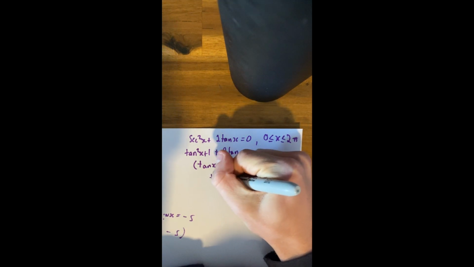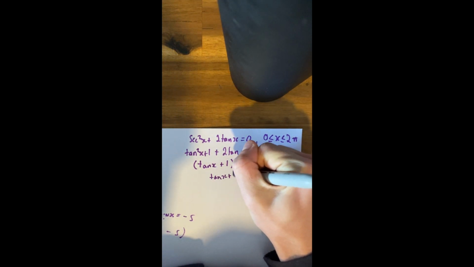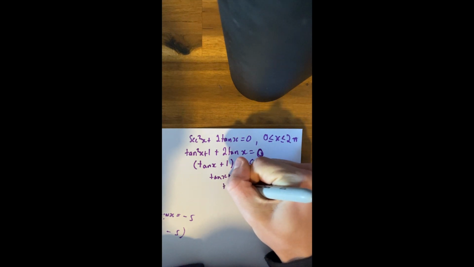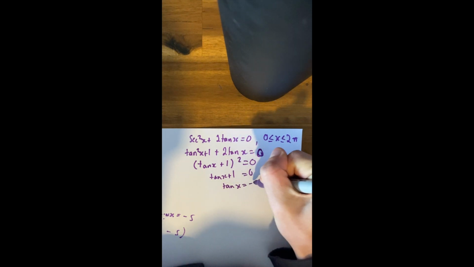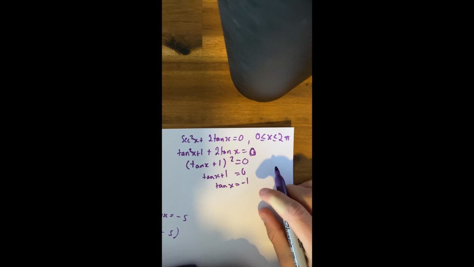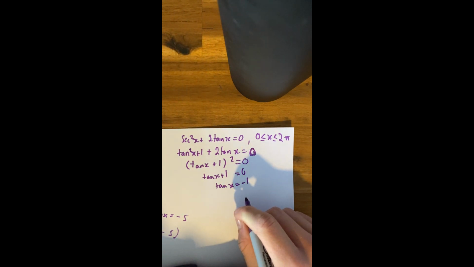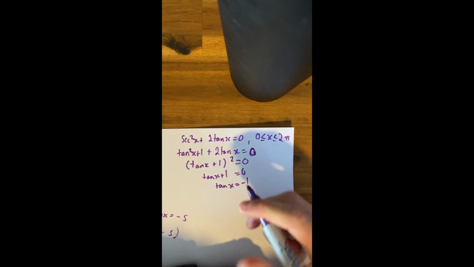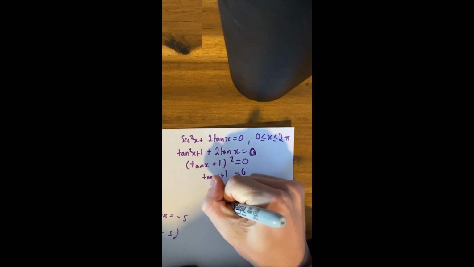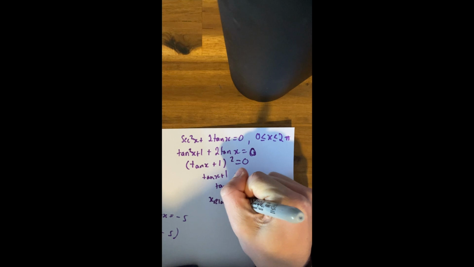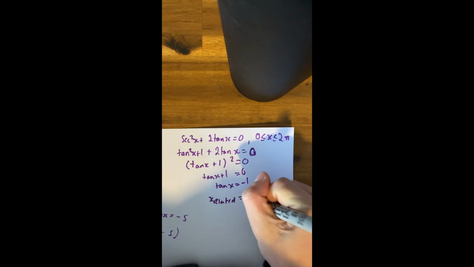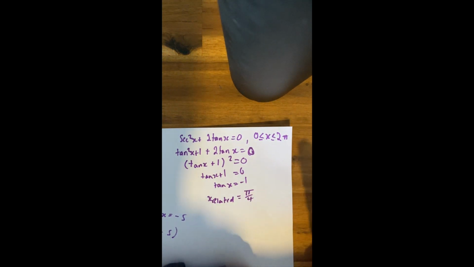So that means tan x plus 1 equals 0, and tan x equals minus 1. Now the related angle for tan x equals 1 is pi on 4, so x related equals pi on 4. There we are.